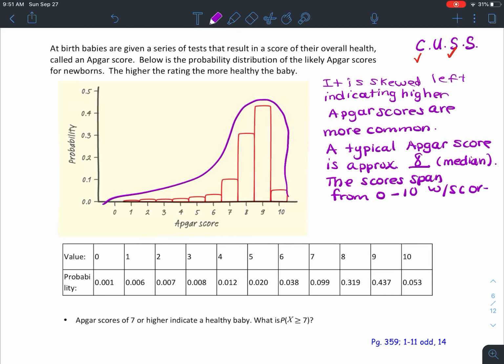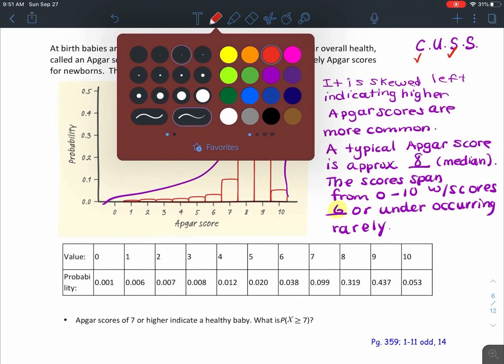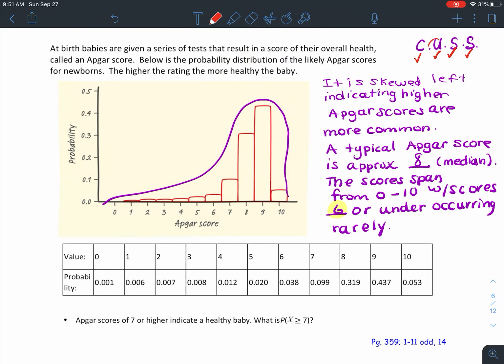Let's go ahead and address the spread. I'll say that the scores span from 0 to 10, with scores that are 6 or under occurring rarely. Now how did I decide on 6? That was me mentioning maybe unusual values there. Remember that 5% benchmark that we talked about earlier?